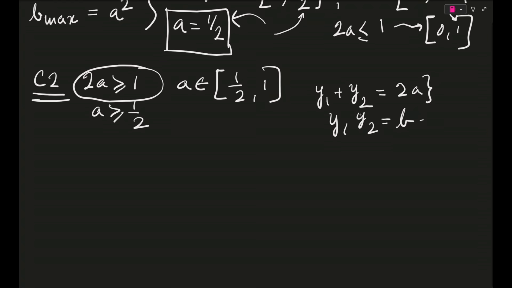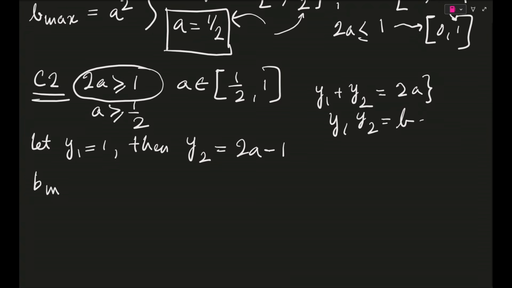So in that particular case, if we let y1 equal 1, then what will be y2? 2a minus 1, right? From the equation. So this is the minimum boundary case, and b minimum will come out to be y1 y2, 1 into 2a minus 1, which is 2a minus 1.